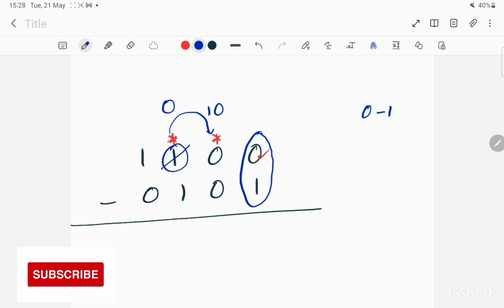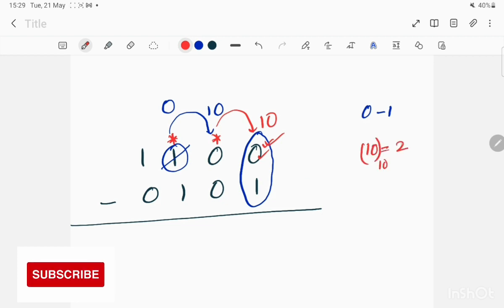So it is 1 0. Now again this one is still vacant. So what will happen now? Now it will give to this one. So after taking 1 from this, it will become 1 0. But again 1 0 means 2.